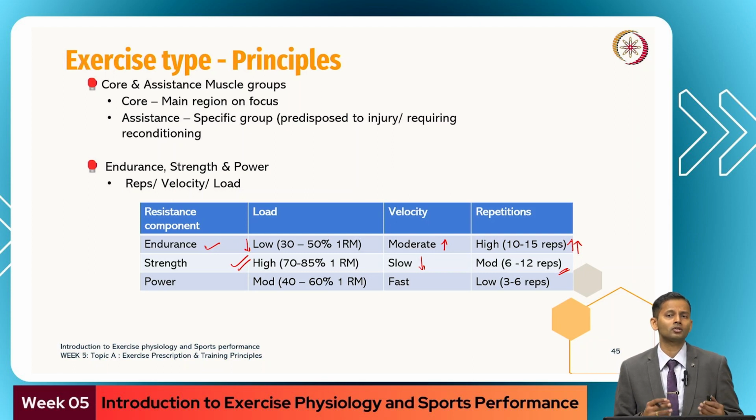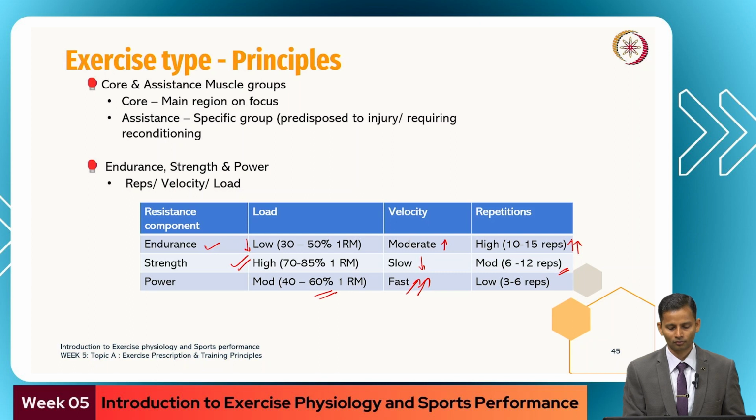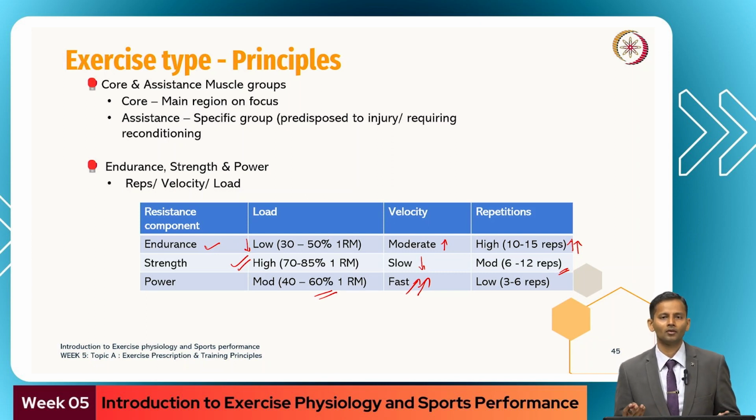Whereas if you want to focus on power, where you want to do a certain activity in the lowest possible time, there what you will do is you will increase the velocity. So you are focusing here on the velocity, but the percentage of load will be moderate, about 40 to 60% of the 1 RM of that particular group, and you keep the repetition to a minimum, so that you are focusing on the faster velocity aspect only, but not on the repetition or the load.